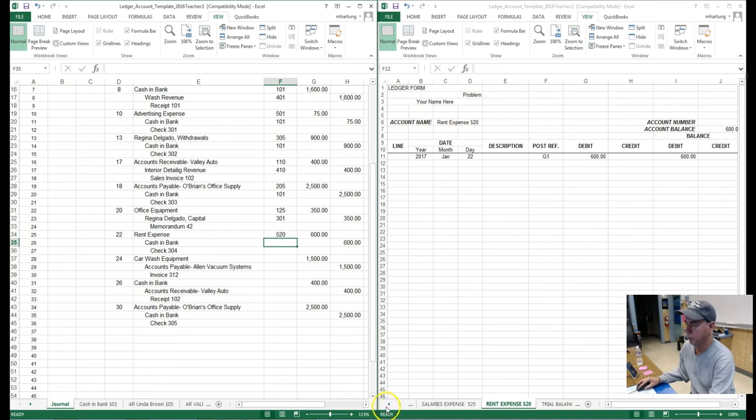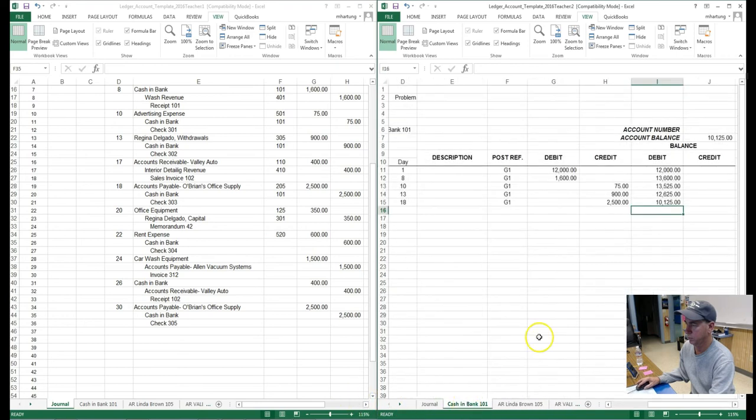Cash in bank is how we paid the bill. It will be a credit. And we go up and go ahead and finish the rest of these.